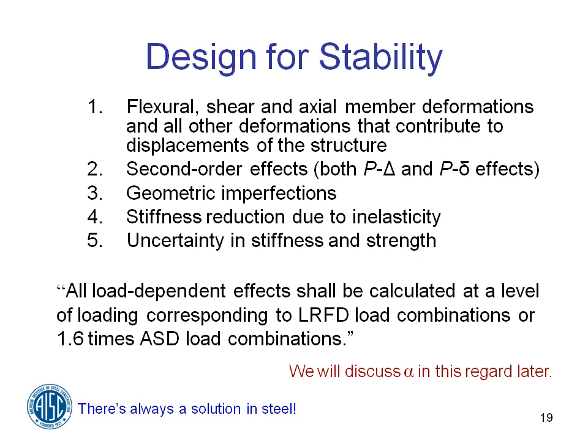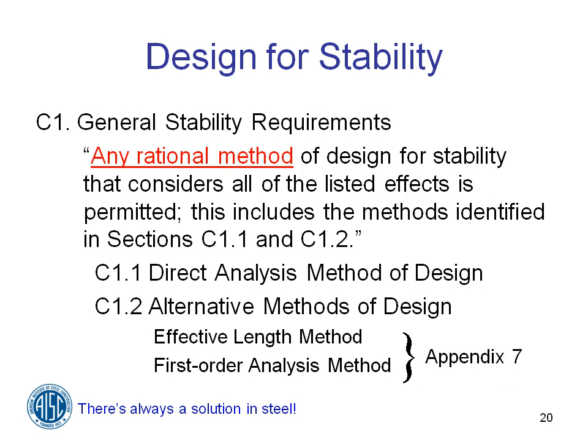But the thing to recognize at this point is that what the specification is requiring is that you do all of these analyses at the ultimate load level. LRFD load combinations are at the ultimate level. The ASD load combinations are not, and so they must be amplified to get them up to the ultimate load level.